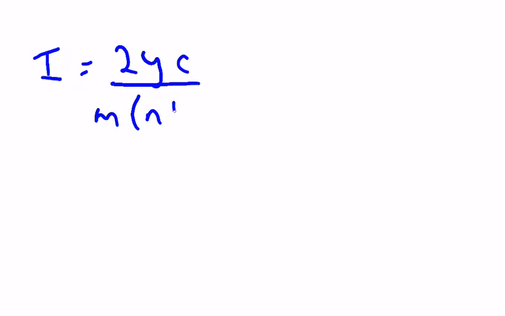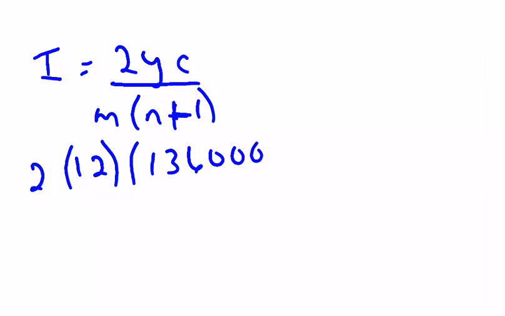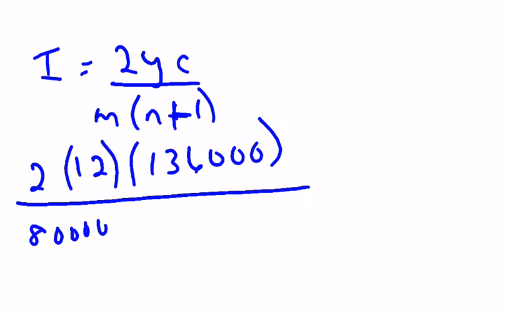So we look at our formula again. I equals 2YC over M times N plus 1. So we have the 2 there. Our Y is the number of payments in a year, so 12, because we're making monthly payments, times the total amount of interest, which they told us was $136,000, divided by M. M is the amount financed, so that's the $80,000 for the mortgage.